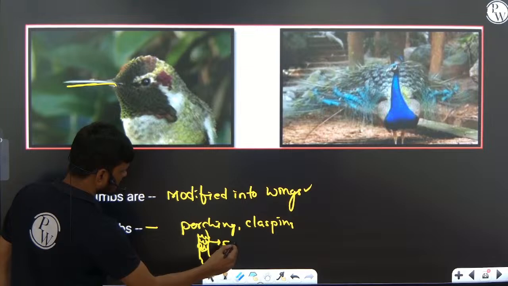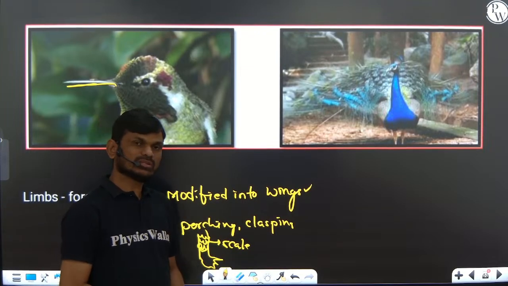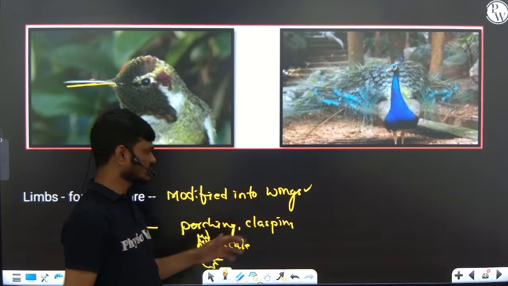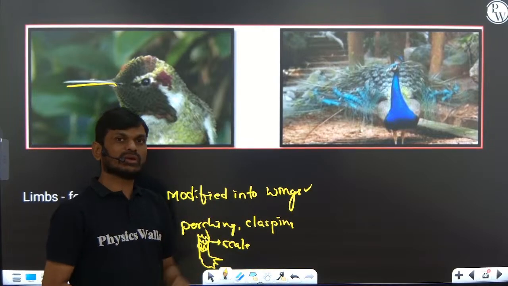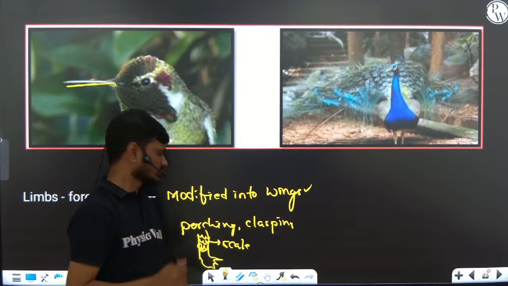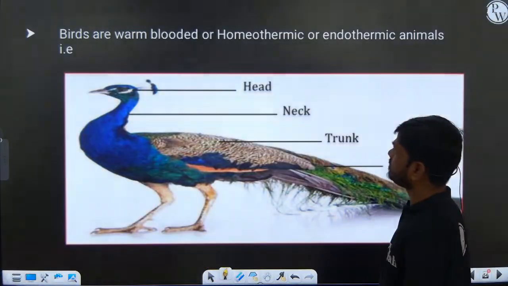So scales are also present on the hind limbs.